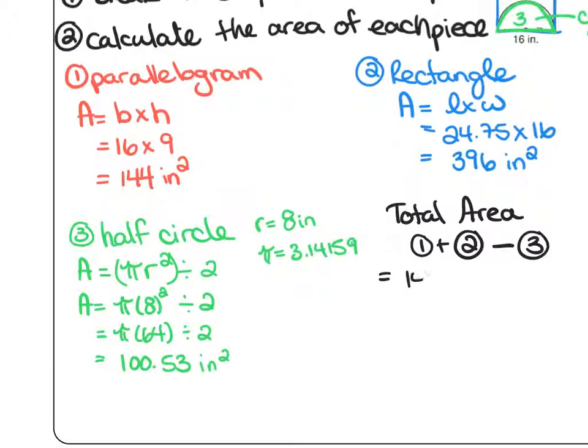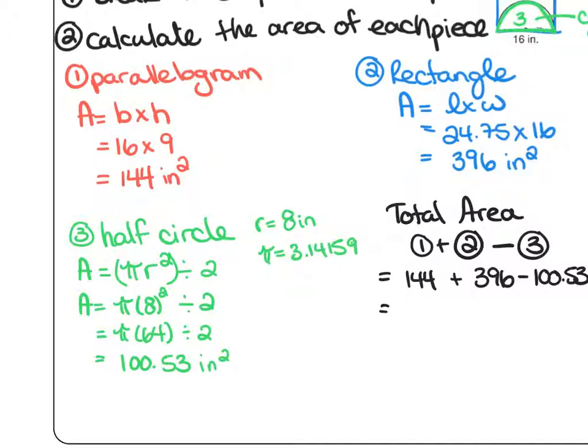So, 144 plus 396, and then we're going to subtract our 100.53. Just pay attention to what's included, what is cut out or taken out. If it's cut out or taken out, it's subtracted. If it's added on, it's added.